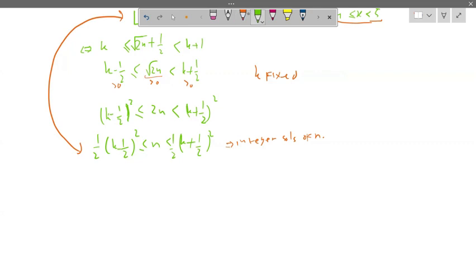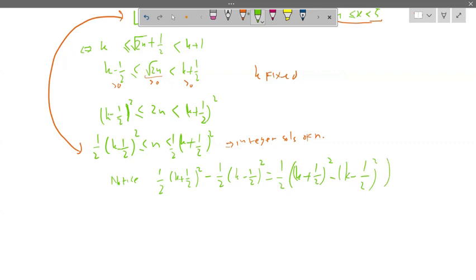Notice that if we subtract the lower bound from the upper bound, we have 1/2 times k plus 1/2 squared minus k minus 1/2 squared.